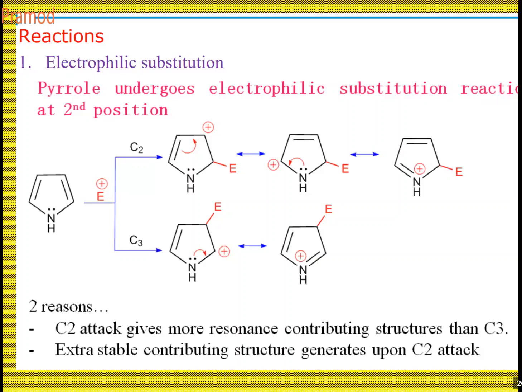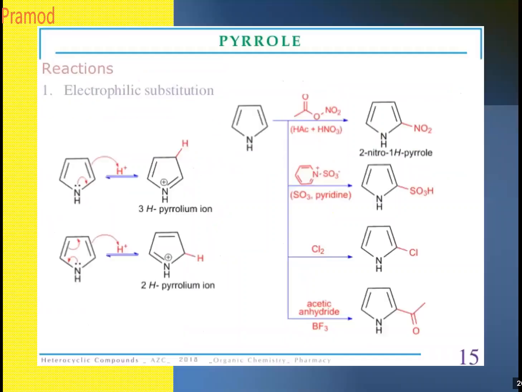When the attack takes place on C2, there are 3 resonating structures. When it takes place on C3, there are only 2 resonating structures contributing to stability. So this is why the electrophilic substitution reaction takes place at the second position.